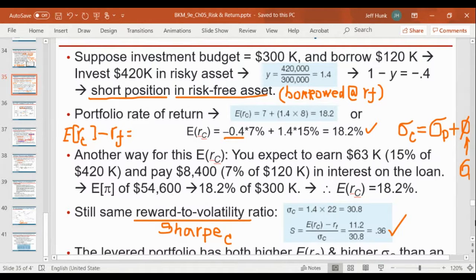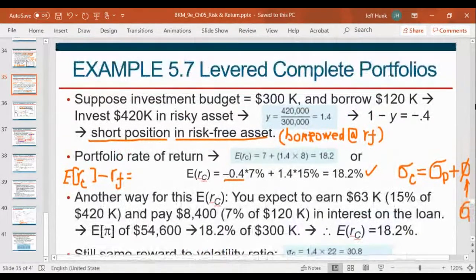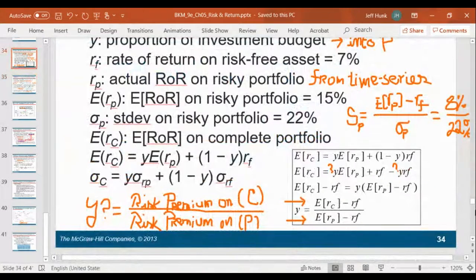We also noticed that regardless of our capital allocation between risk-free and risky assets, our Sharpe ratio will still be the same.